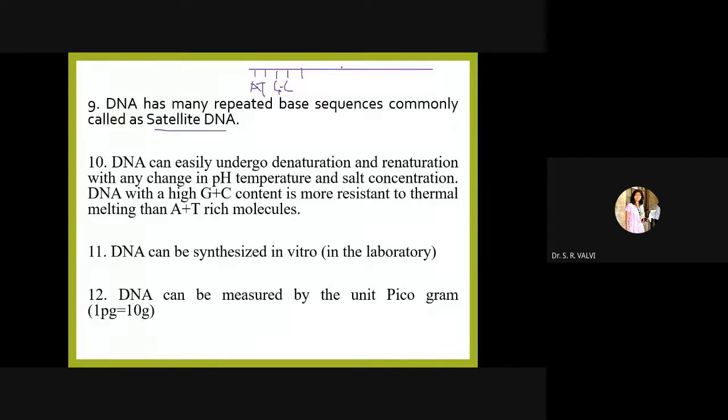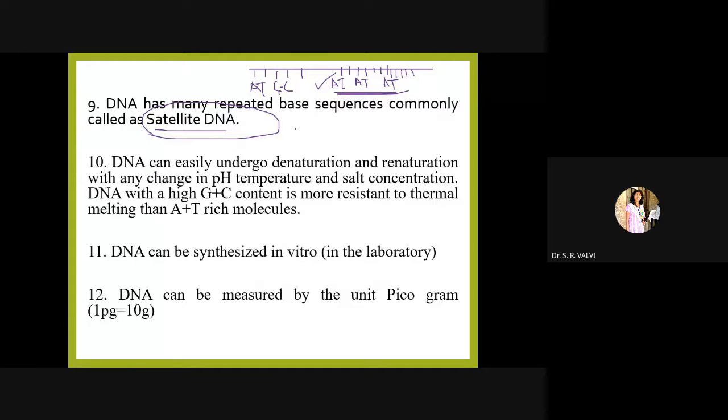In some part here you are going to observe the same repeated sequences. For example, suppose you take AT. Again here you are going to observe this portion AT, AT, AT. This is a simple example I am giving, right? So these repeated sequences you are observing, and this portion is called as what? Satellite DNA.